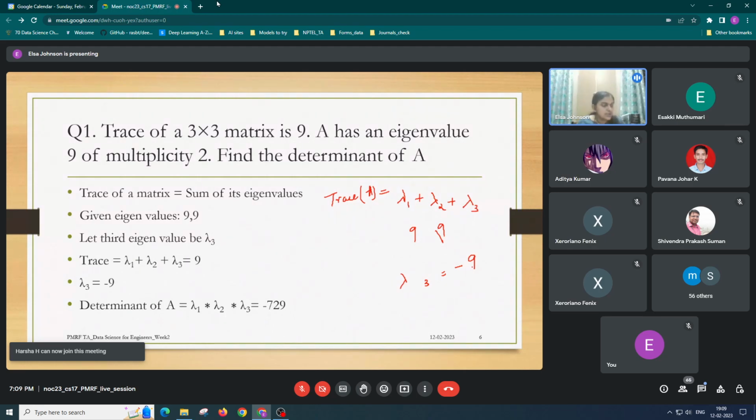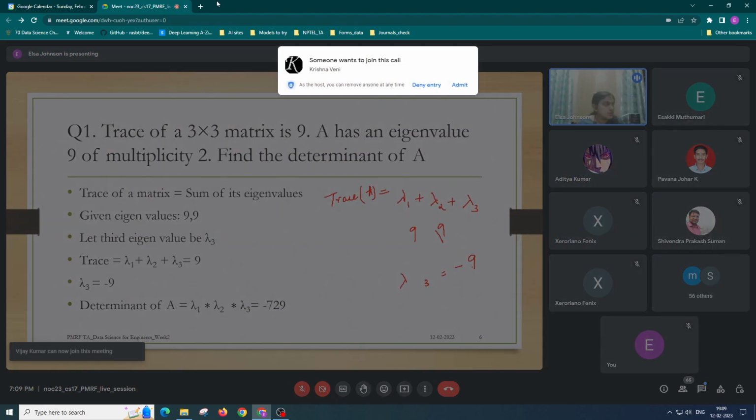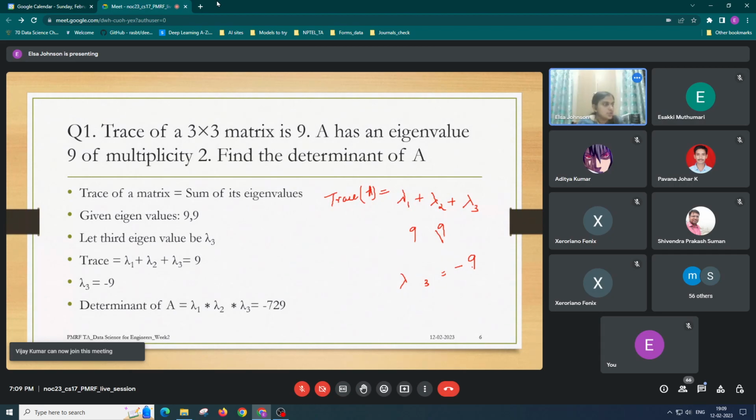Yes, you can do that, and at the end of the session I'll show you a resource you can look at. Even in R, if you put the null space of some vector, you'll get the value. Okay, Shiva. So I think that's clear.